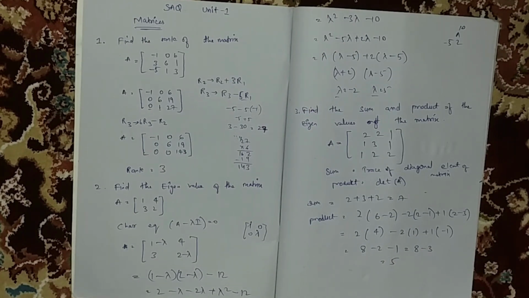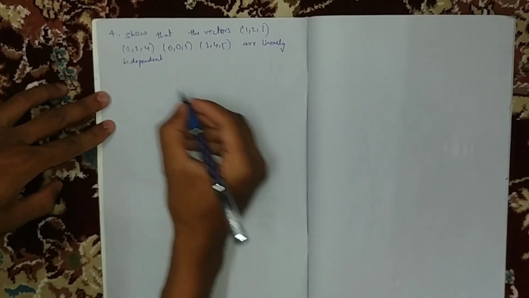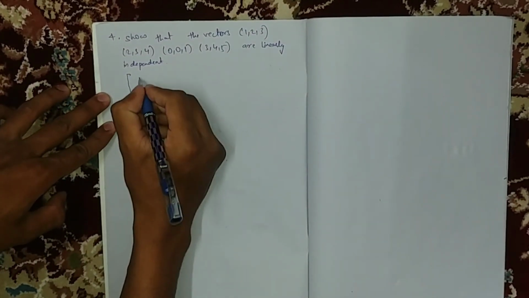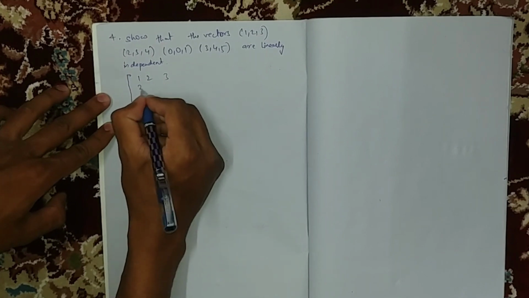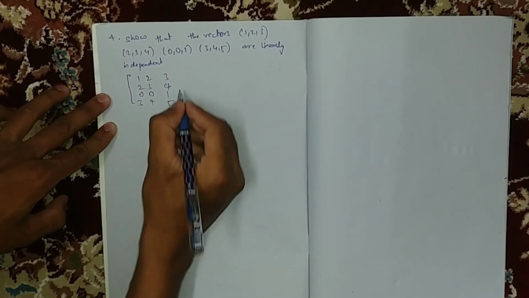Now moving to the fourth question. Show that the vectors (1, 2, 3), (2, 3, 4), (0, 0, 1) and (3, 4, 5) are linearly independent. So we need to prove whether it's linearly independent or not. First we write it in the form of a matrix: 1 2 3, 2 3 4, 0 0 1 and 3 4 5.